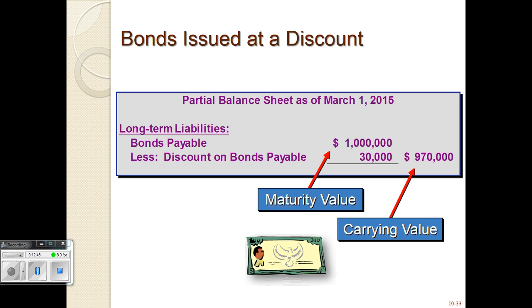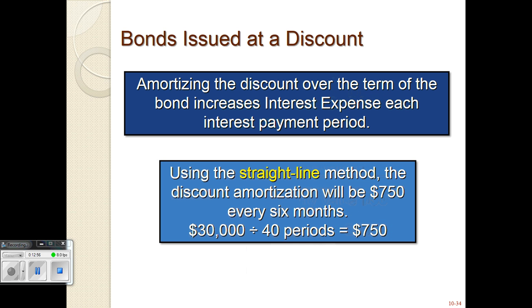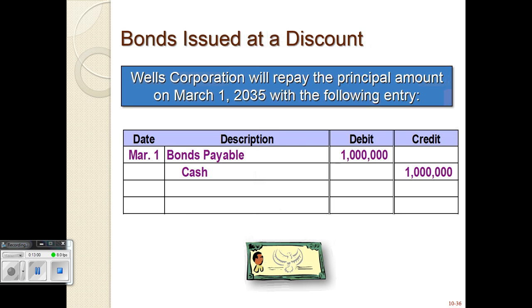Since that 30 grand is going to get $750 smaller, the carrying value is going to go up by $750 every 6 months. At maturity date, the bonds payable is going to be worth a full $1 million. We're going to write them a check for $1 million, and that's going to be my credit, and that'll be my journal entry in 20 years when I pay off that bond.